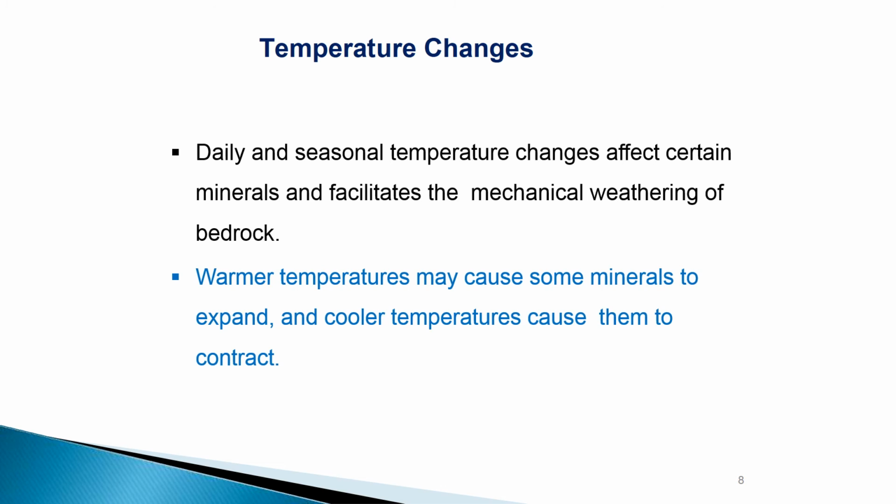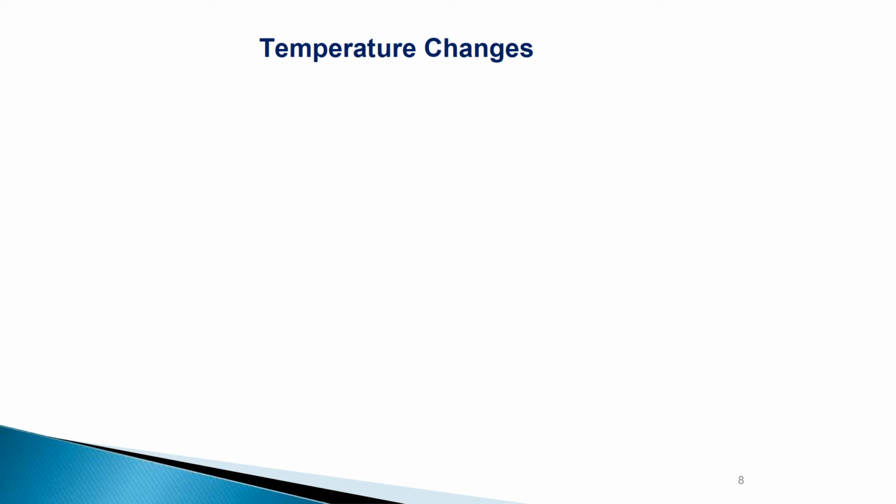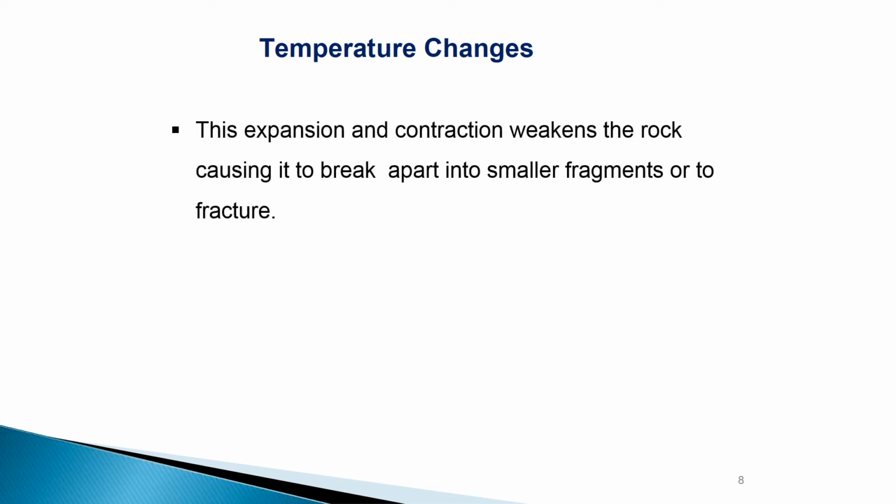Warmer temperatures cause some minerals to expand in volume and size, and cooler temperatures cause them to contract and get smaller. So this process of expansion and contraction will weaken the rock and cause it to break into small fragments.